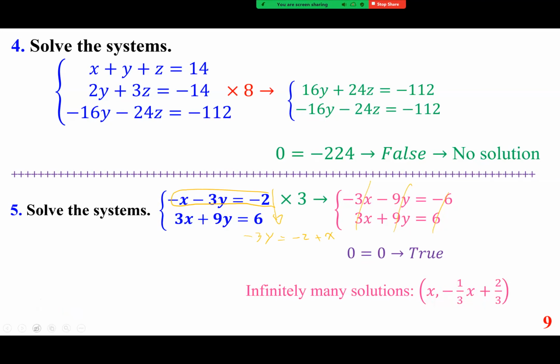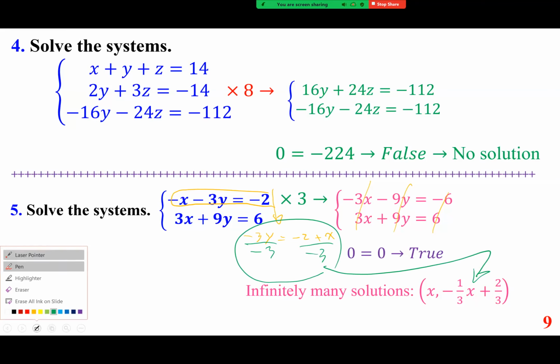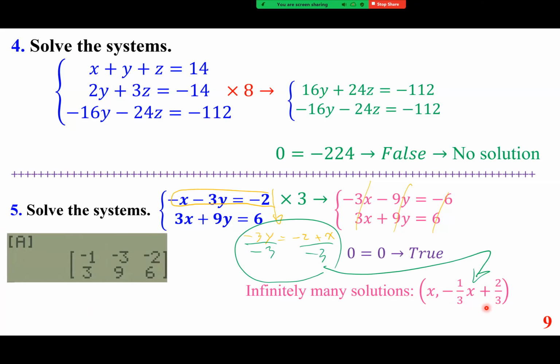And if I divide both sides by -3, I get this answer, which gives me x comma -1/3 x plus 2/3. Now, if I was going to use the augmented matrix of -1, -3, -2 here in the row, 3, 9, 6 in this row, and I do REF, I end up with the zeros at the bottom, which means exactly the same thing, infinitely many solutions.